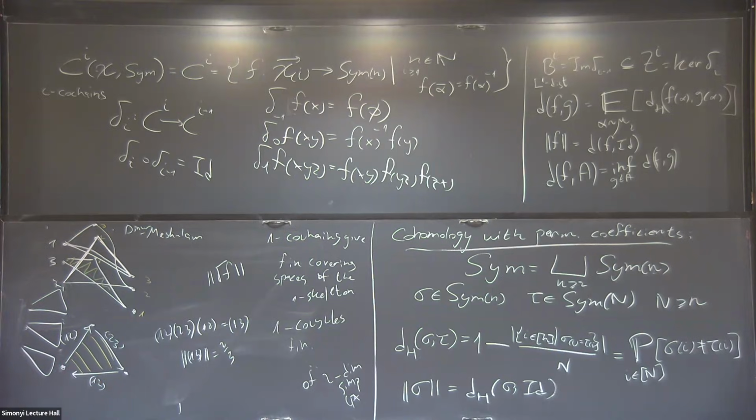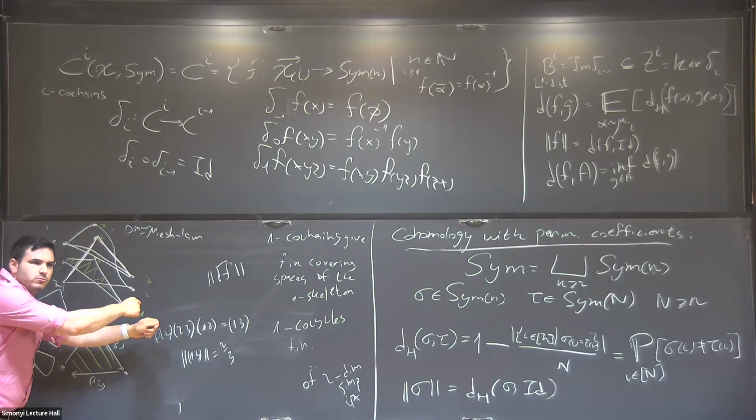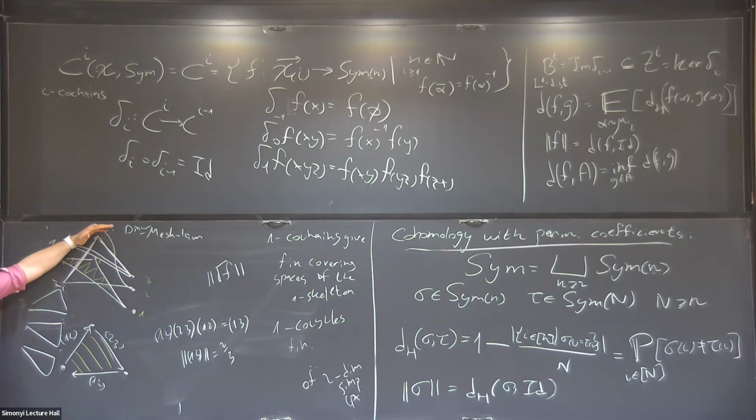So there is some equivalence relation on the one cochains, which is induced by just permuting the names of the vertices above. Right? The covering space will be the same covering space, but you can permute the names of the vertices. That will be important for me.